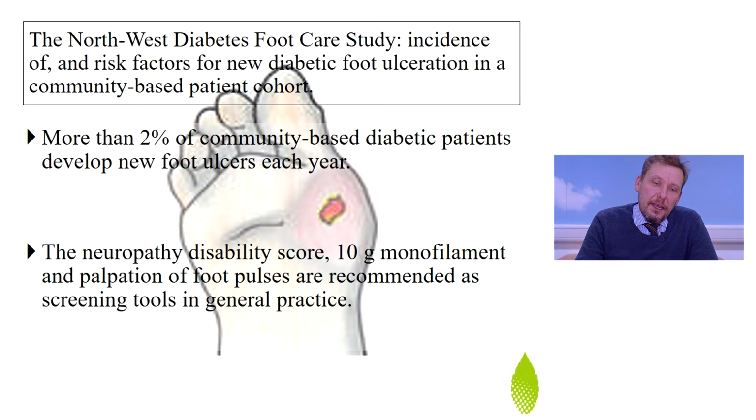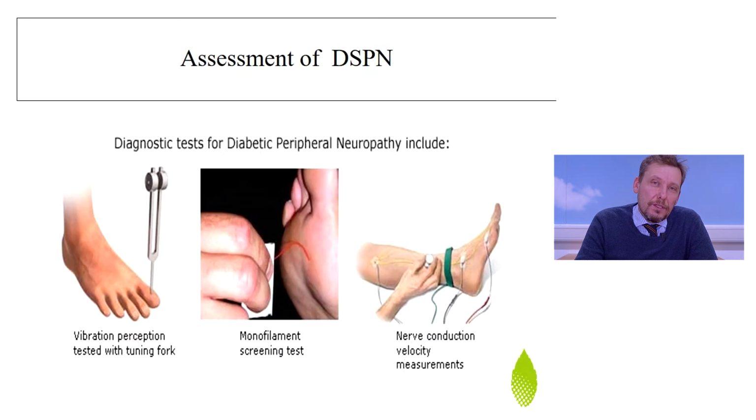It can be illustrated here that more than 2% of community-based patients will develop some form of foot ulceration each year. And therefore, this promotes the use of neuropathy disability scores, 10-gram monofilaments, and regular palpation of foot pulses as recommended routine practice and screening tools for healthcare professionals in general practice.